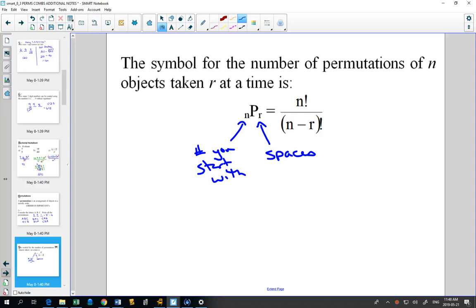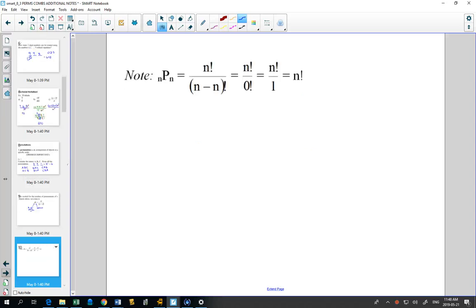But if you think about some things like NPN, there would be n spaces starting with n going all the way down. Should make sense that that would be n factorial. But if you plug it into the formula, remember we had this definition before that 0 factorial was equal to 1? It's because of this formula that that definition needed to be.